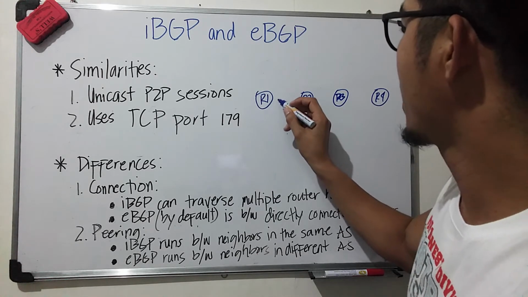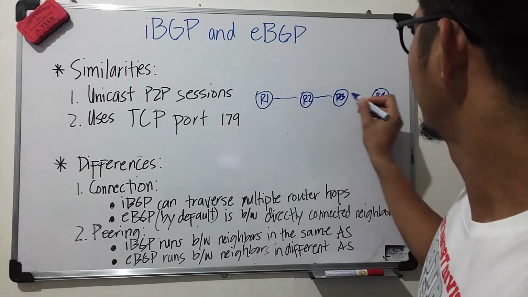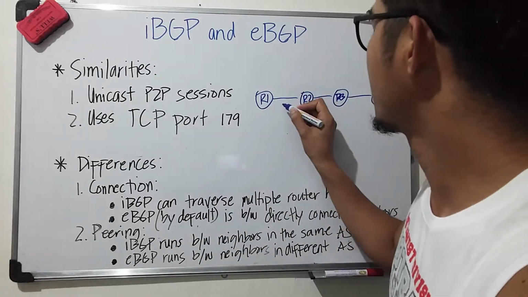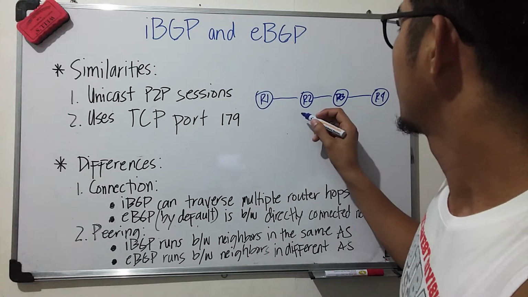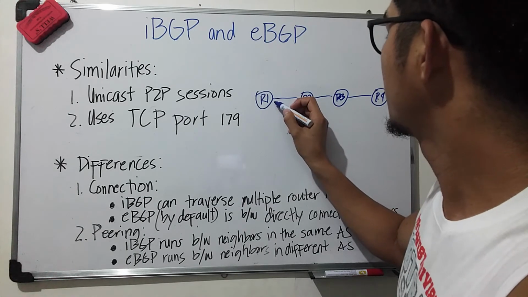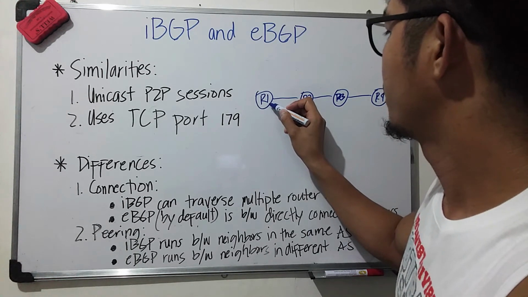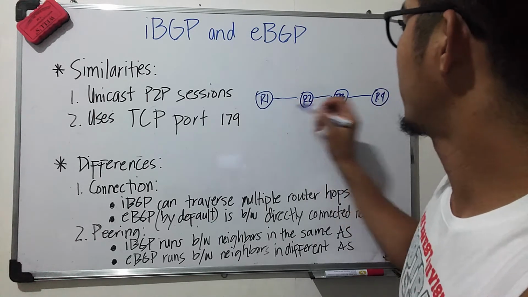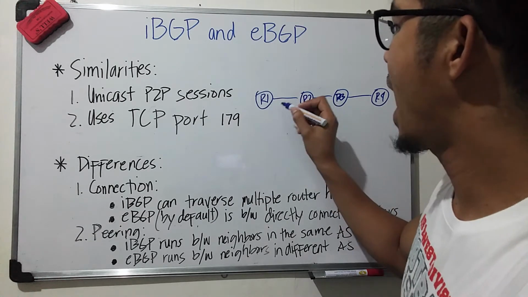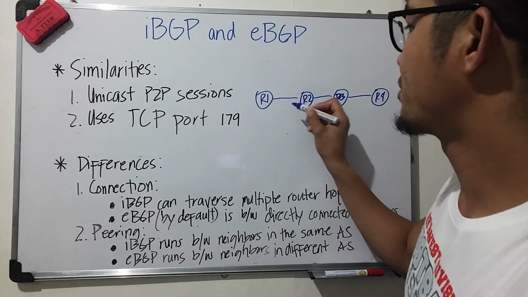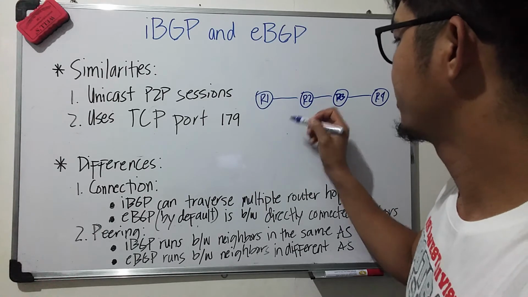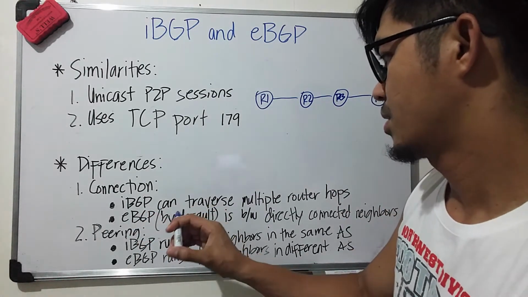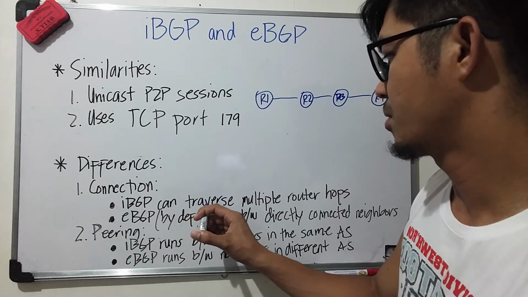So if you have iBGP sessions between these routers, you can actually create a peering between R1 and R2. They don't have to be connected directly. That's what this difference here means.